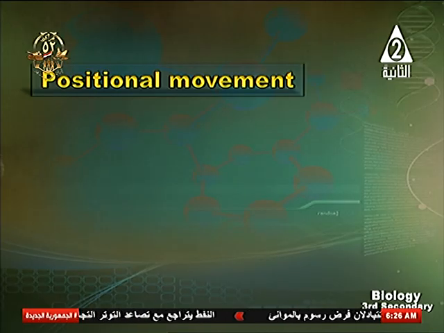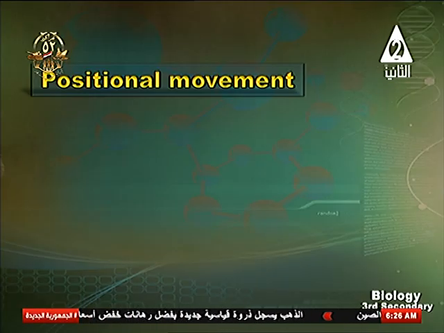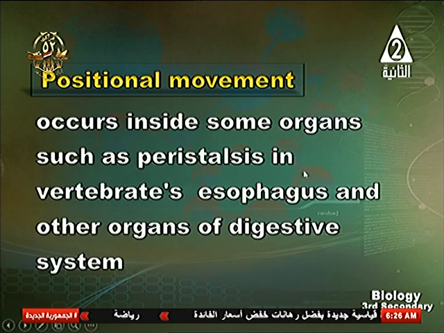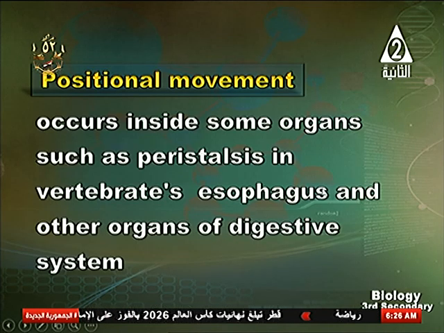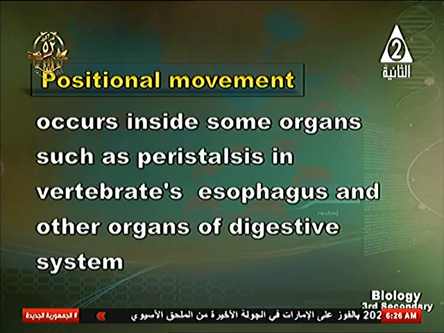Okay? The second type of movement is positional movement, and it is a change in movement of an organ inside its place, such as occurs inside some organs, such as peristalsis movement in a vertebrate's esophagus. The peristalsis movement starts from the esophagus up to all the digestive canal.